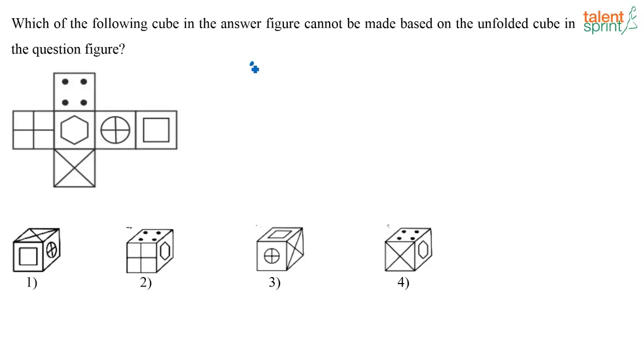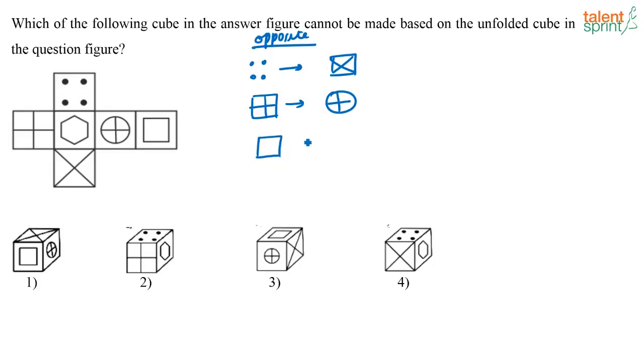So when you fold this, which will be the opposite faces? I am just writing down the opposite faces. So this 4 dots will be opposite to this symbol, and this plus will be opposite to this one. Square will be opposite to the hexagon. Now, which cannot be made? Okay, so now look at the first option.